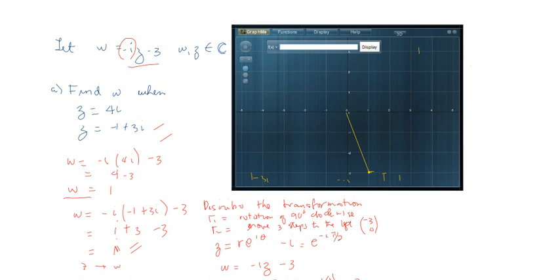We're just checking if in the graph we can visualize the meaning of that. So this is actually your z, and this one is your w, which is 1 minus 3i. So it says it comes from this side, 3 plus 4i.